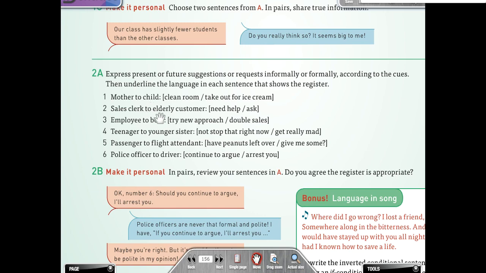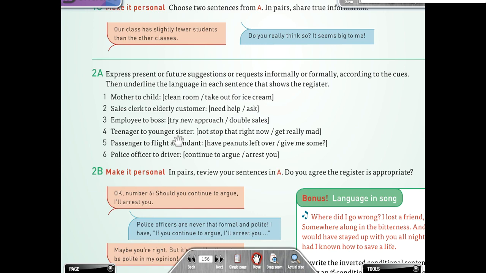Now it says Claire to elderly customer. Well, in this case, it could be formal. Employee to boss, formal. Teenager to younger sister, formal or informal? Informal. Did you see? Remember, be is a little bit informal, compared with have and should.